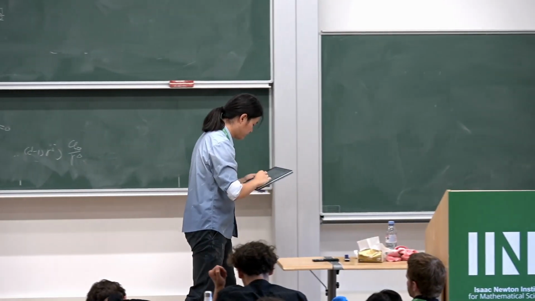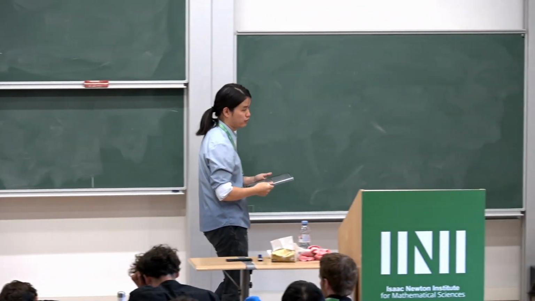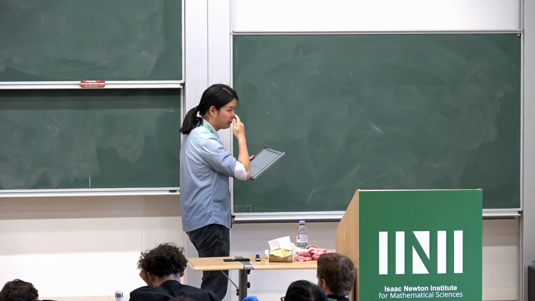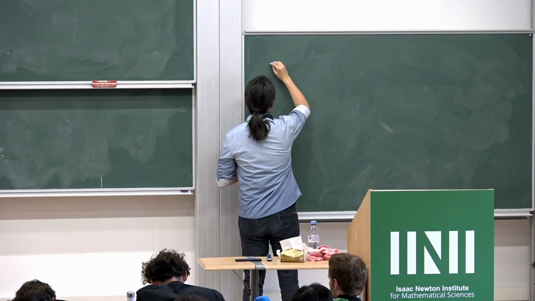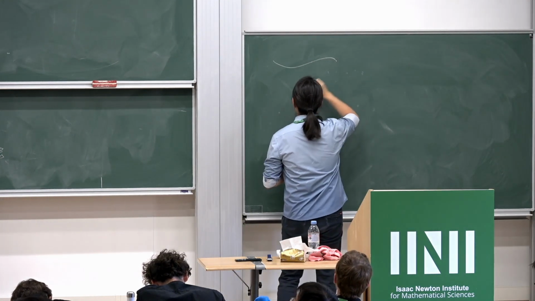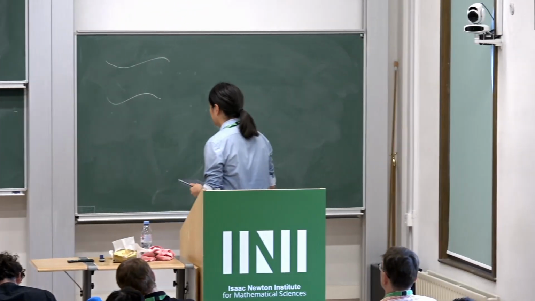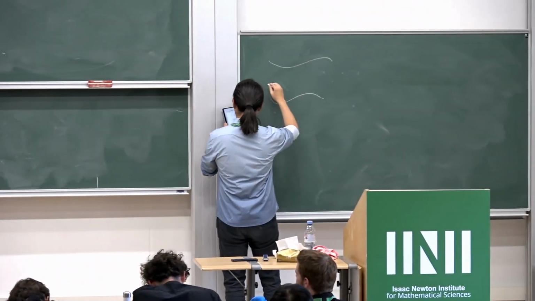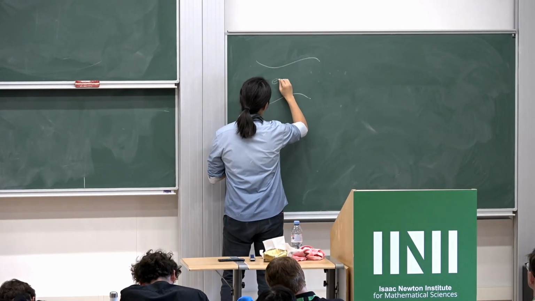So I'm going to discuss a very special case of defect, which is known as the monodromy defect or twist defect. The construction is as follows. We already know a zero-form global symmetry of a QFT is implemented by a codimension 1 topological operator. Let's say this operator is labeled by a group element g.